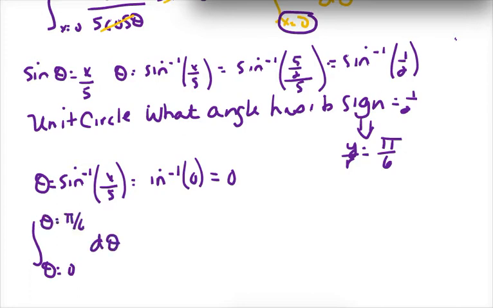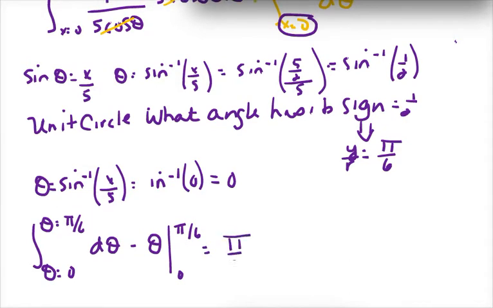Now we've got a nice integral in terms of theta, and our limits of integration are in terms of theta. Taking the antiderivative, that's just theta. Evaluating it between 0 and pi over 6 is just pi over 6 minus 0. So the answer to this integral is pi over 6.